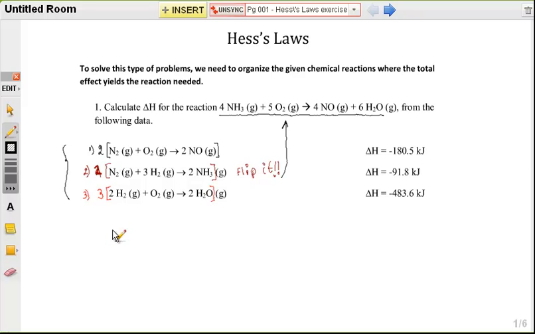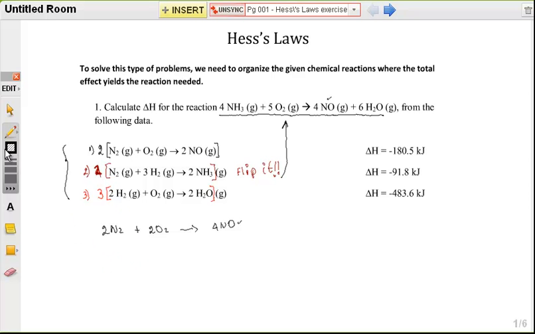My first equation will be 2 N2 plus 2 oxygens equals 4 NO. These 4 molecules of nitrogen oxide match this one. Then my second reaction, we're going to flip it, but we're going to multiply by 2.